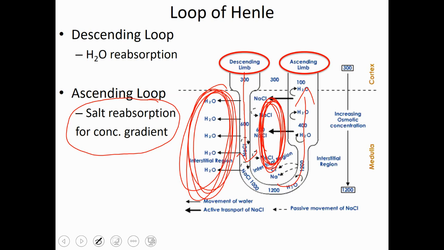So if we keep pumping out salt here, this NaCl, sorry, we'll just circle this. If we keep pumping out more and more NaCl, that's going to cause more and more water to be reabsorbed on the descending limb. So the salt reabsorption isn't exactly going into our bloodstream. Some of it does, but it's really setting up a concentration gradient for water to continue to be reabsorbed here.